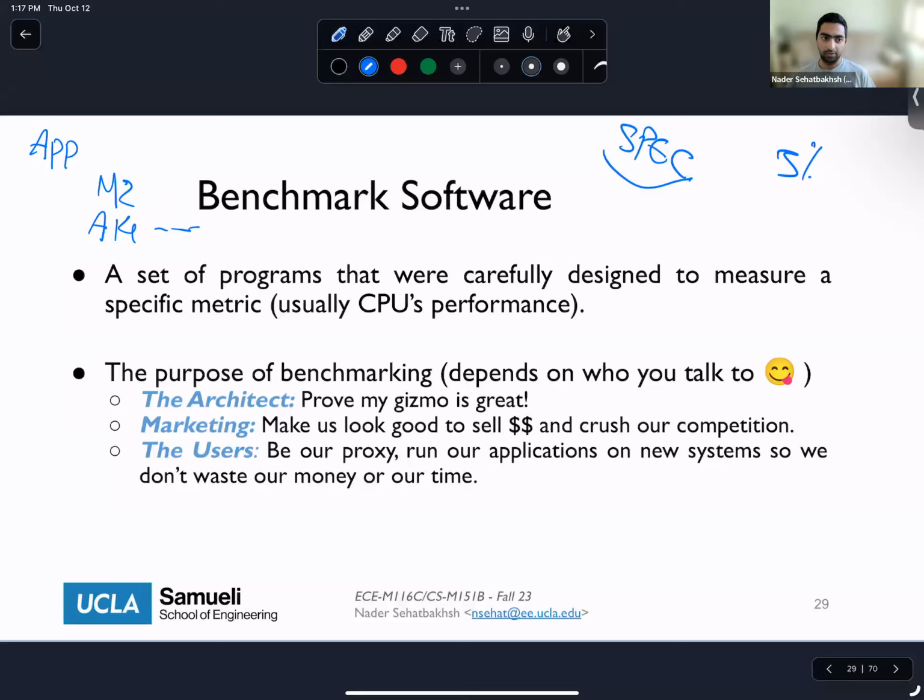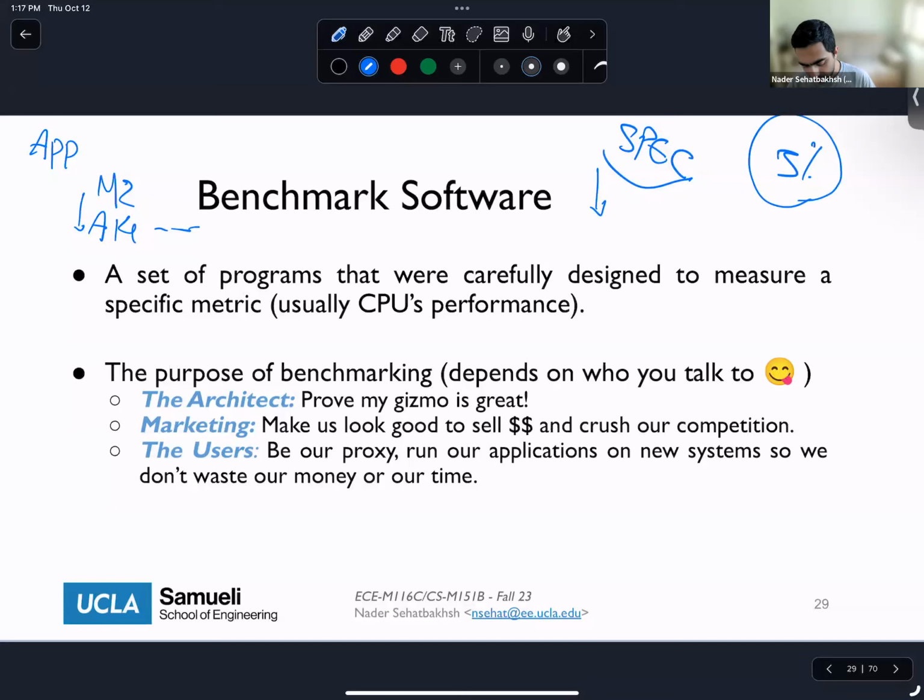This is exactly what is happening. SPEC is this list of standard applications that everybody can use. They run it on the processor and see how fast it can run this. Then they report the average, and they say that the processor is this much faster and so on.